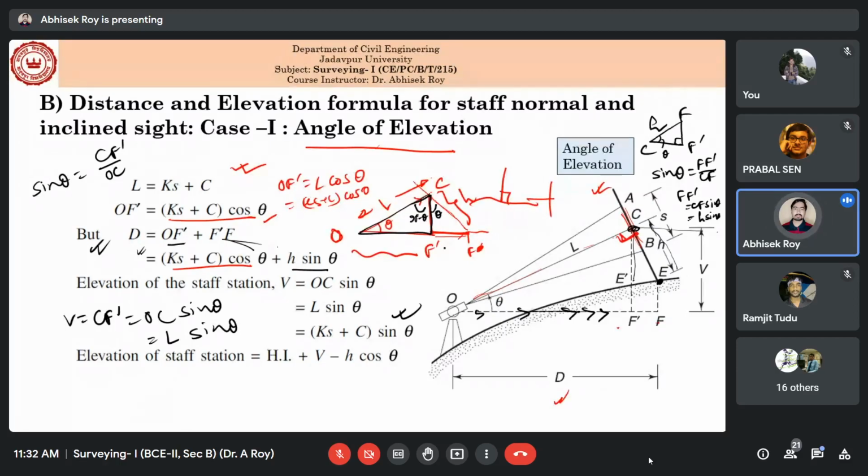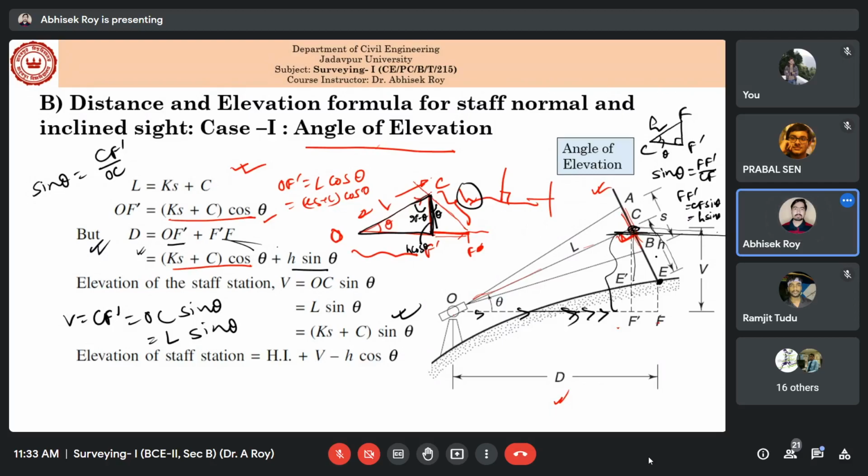Why I am deducting H cos theta? Because this part CF dashed you want to deduct. If you know this is H, this will be H cos theta. So simple, from the height of the instrument, if you add CF dashed, you will get this point's height.